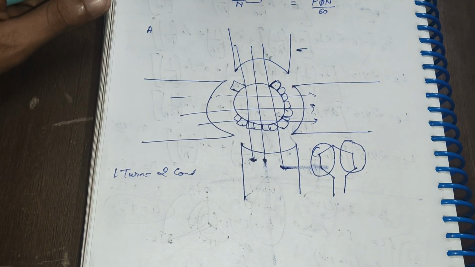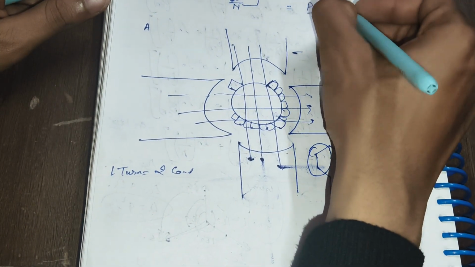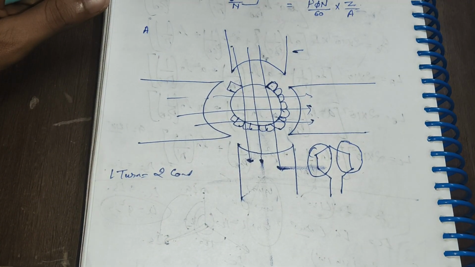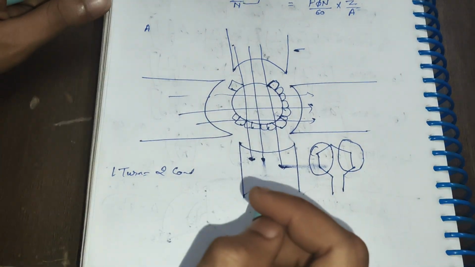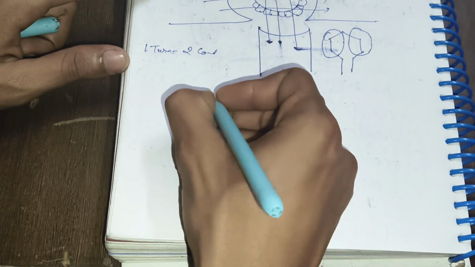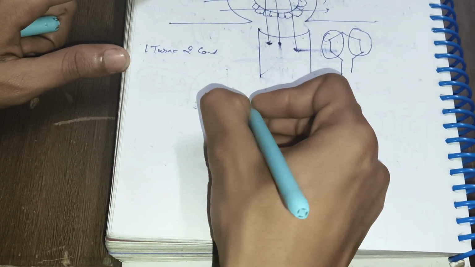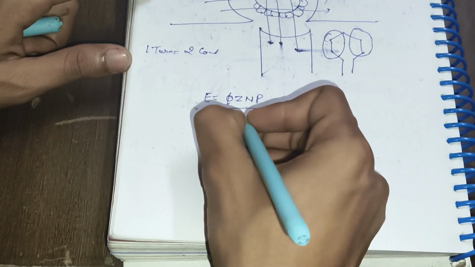Conductors per parallel path would be Z upon A. Here Z defines the number of conductors and A defines the number of parallel paths. So the EMF equation we have at the end is phi Z n P upon 60A.